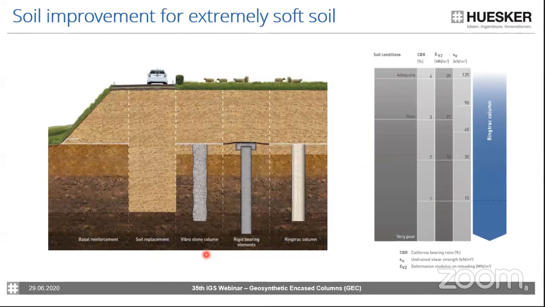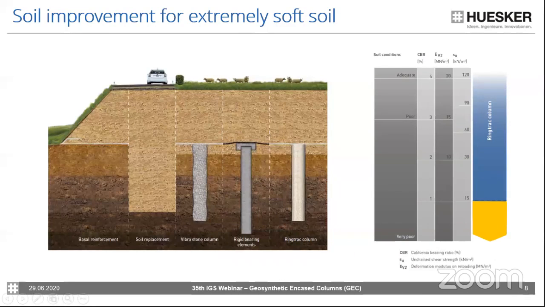All of you know there is a big range of different soil improvement techniques, starting from soil replacement, which is quite common for shallow soft soil layers up to 3 or 4 meter depth, then the vibro stone column and any kind of rigid bearing element like concrete piles or cemented stone columns, for example. So what is the big advantage of our GEC, the Ringtrac column?